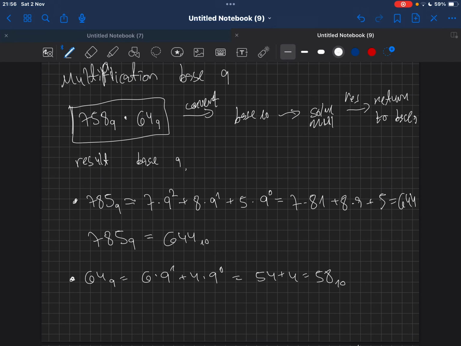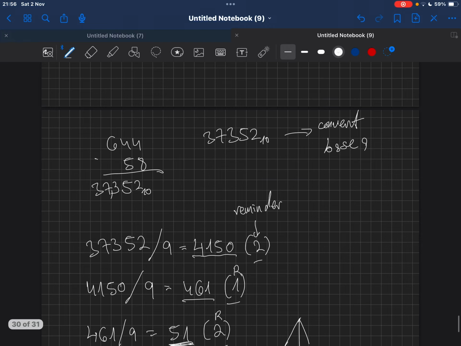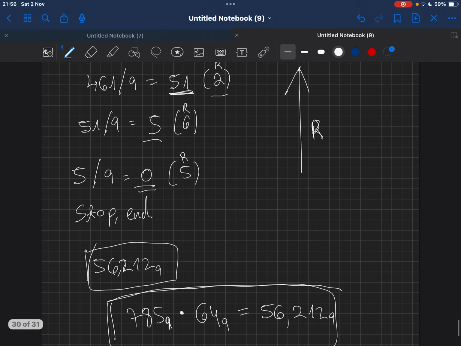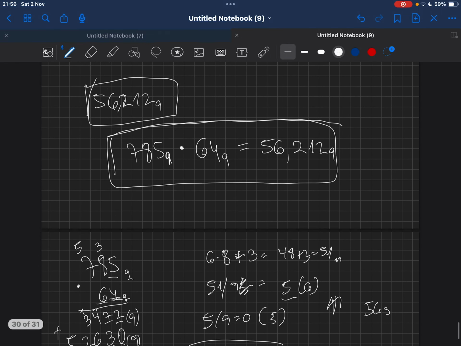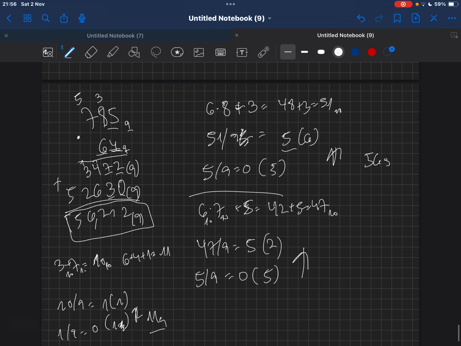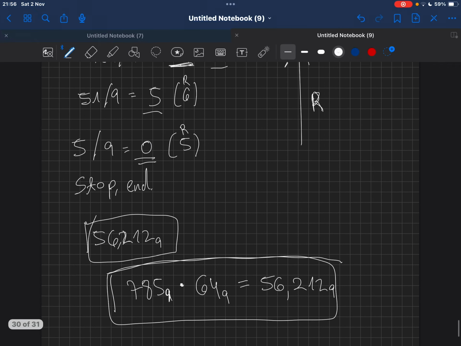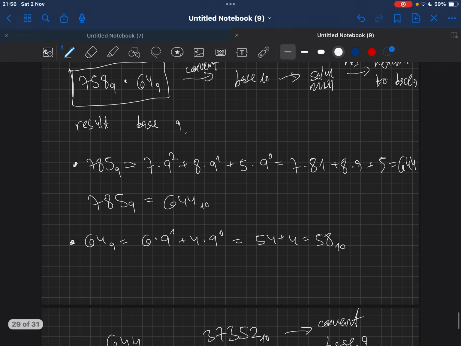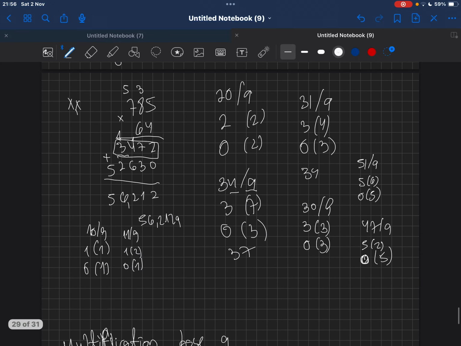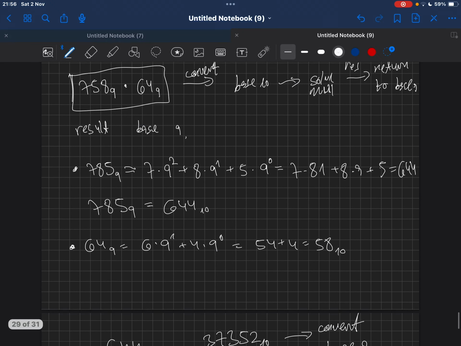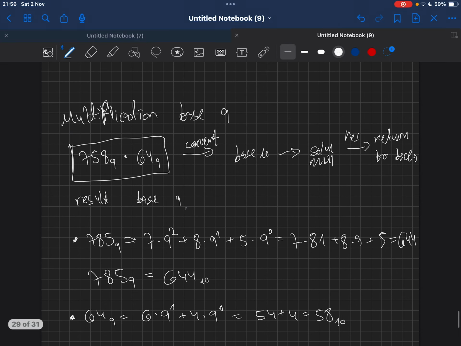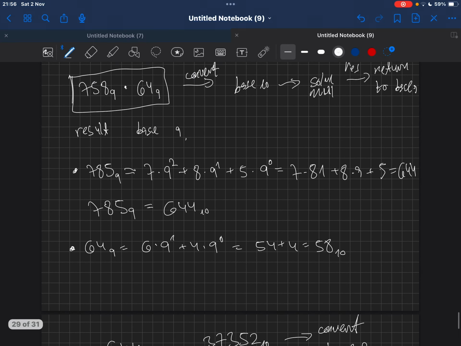I think this way of just starting with converting each number to base of 10, then doing the multiplication in base of 10, and then the result in base of 10 converted to base of 9 was much easier and much more straightforward than the second way of multiplying in base of 9, then base of 10, then base of 9. Many conversions, many options to get it wrong. I think the first way was much better, much more neat.